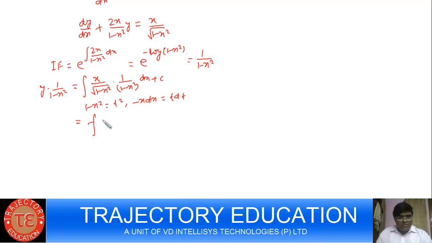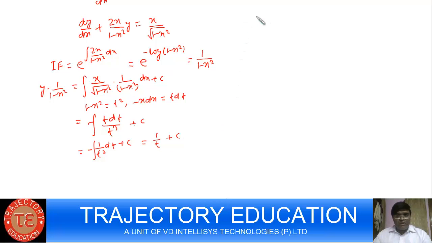So this can be integrated to minus t dt upon t cube plus constant, or 1 by t square dt plus constant.